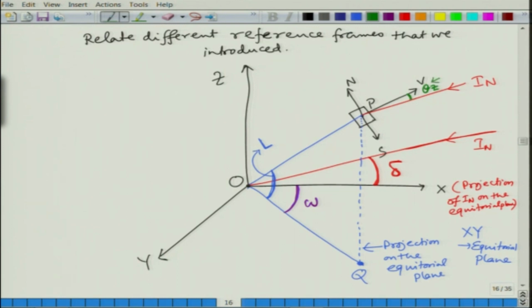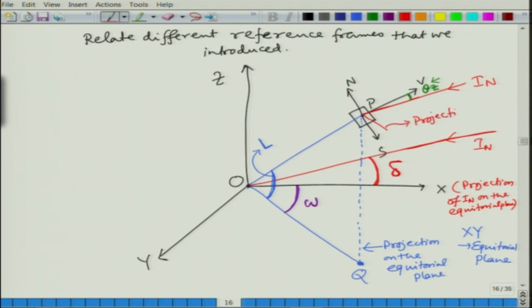Now, another thing we can look at is the angle between the sun ray's projection on the horizontal plane and the south direction. Let us take the projection of the sun ray on the plane to be this one.